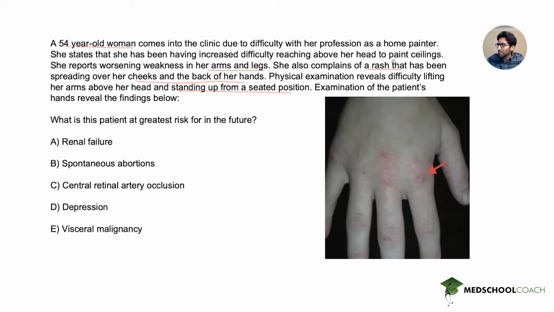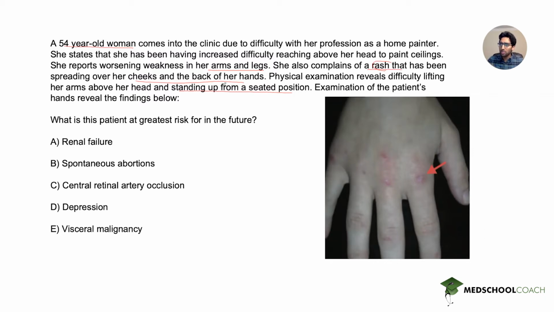It also seems like she has a rash that's both on her cheeks as well as the back of her hands. So with those two things together, we're expected to piece together a diagnosis here, because the question is asking what she's at greatest risk for in the future.